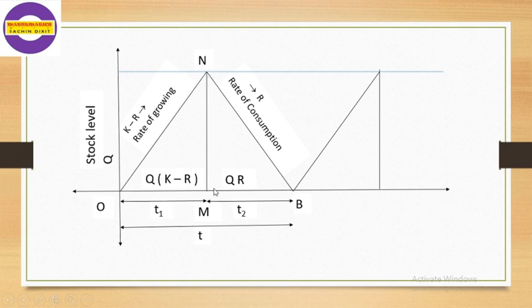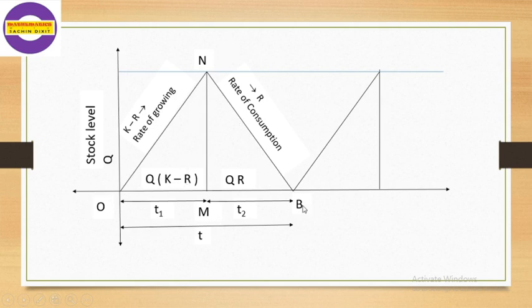This is the total height Q, this is the growing rate, that is K minus R, this is the consumption rate, that is R, and this is the stock level Q, and these are the time intervals T1 and T2. In the time interval T1, demand exists and the production rate also exists, so the rate of growing is K minus R. Here R is the demand rate and K is the production rate.